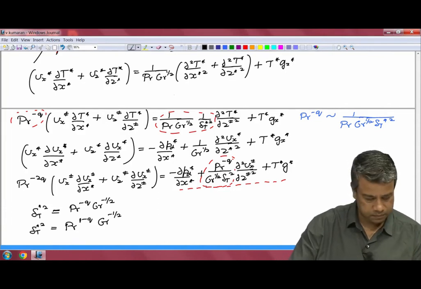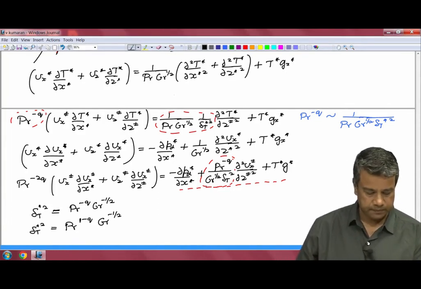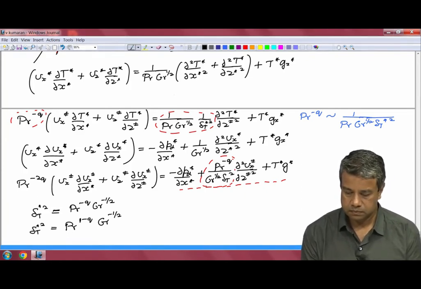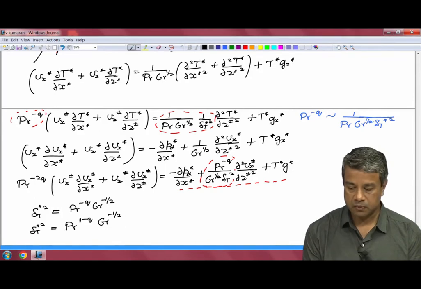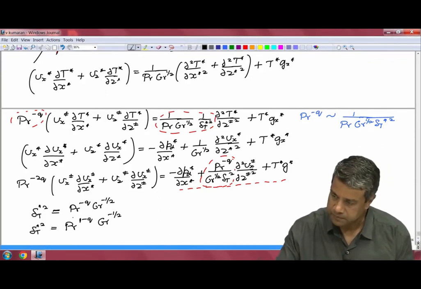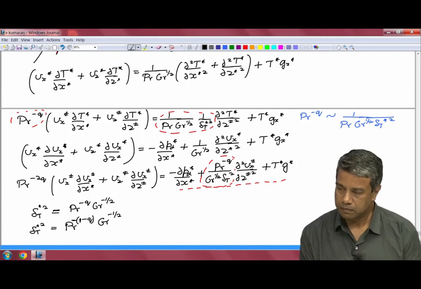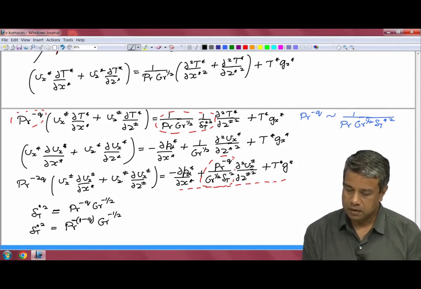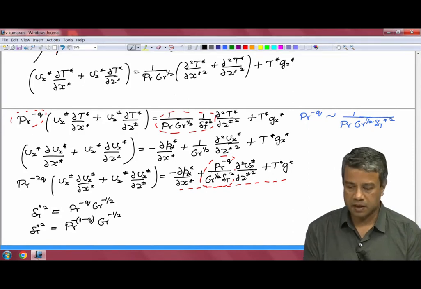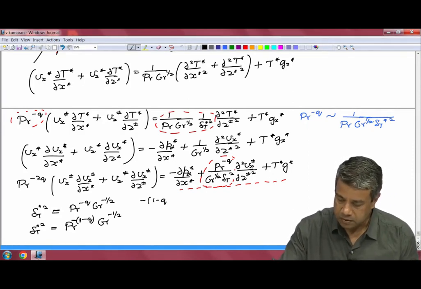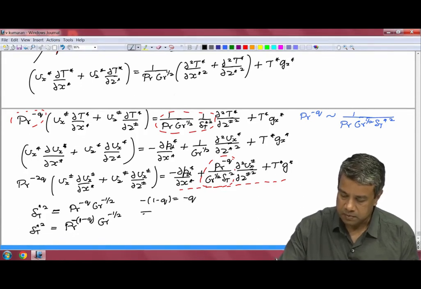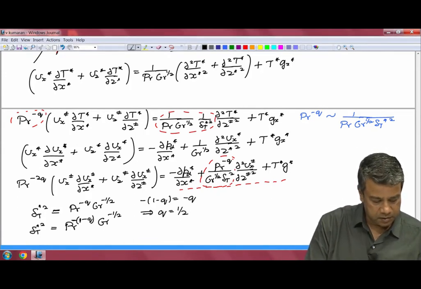If both of these have to be the same, then 1 minus Q has to be equal to minus Q. I am sorry, this is minus of 1 minus Q. If both of these scalings have to be the same, then minus of 1 minus Q is equal to minus Q, which implies that Q is equal to 1 by 2.